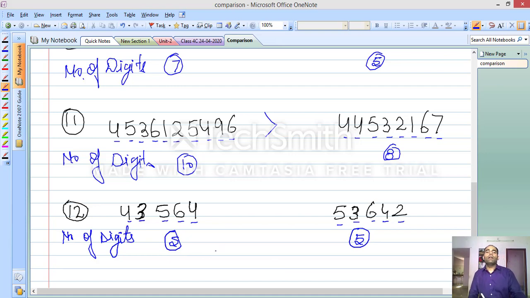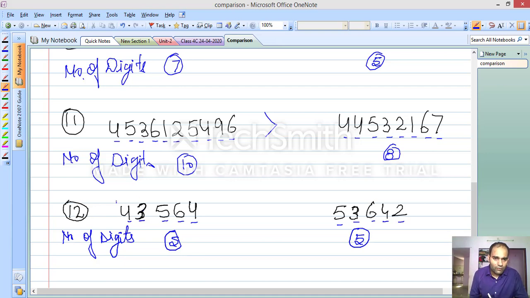Okay, both numbers have 5 digits. So what do we need to do second? If both numbers have an equal number of digits, then we need to compare the digits. We need to compare which digit is greater and which digit is smaller, and this time we will start from the left hand side.